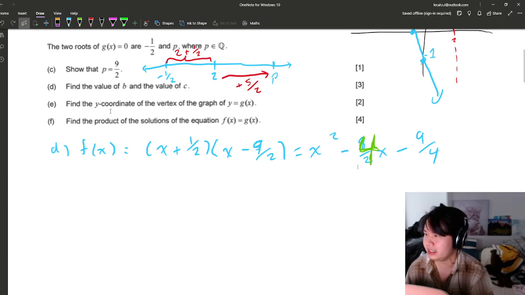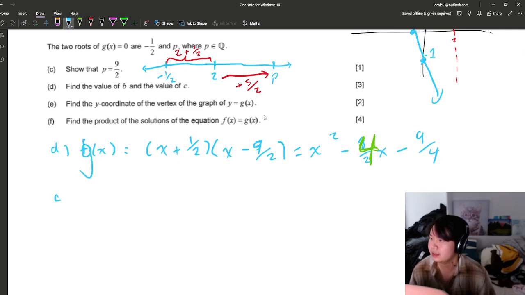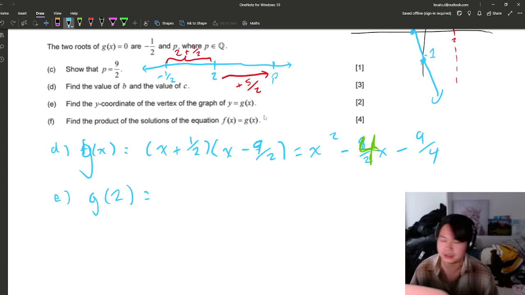Then we need to find the y-coordinate of the vertex of the graph. Oh, sorry, this is G too. G. Okay, we do know what the x-coordinate is. It's the axis of symmetry, so we're just going to plug in 2. And it doesn't matter which one you plug it into. Let's just plug it into the factored one for fun.